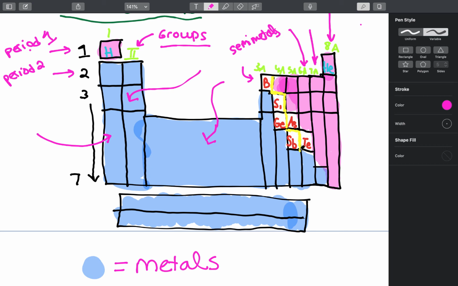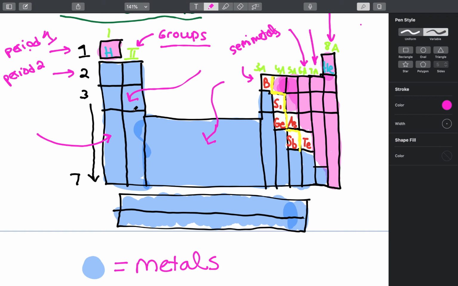I actually label these because oftentimes in Gen Chem exams you're going to be asked what the semimetals are, so it's a good thing to memorize them. And you actually don't have to memorize them because I labeled here this little yellow staircase. So whenever you have a periodic table, you can label the staircase so you know where the semimetals are. And I think that's usually what most professors do.